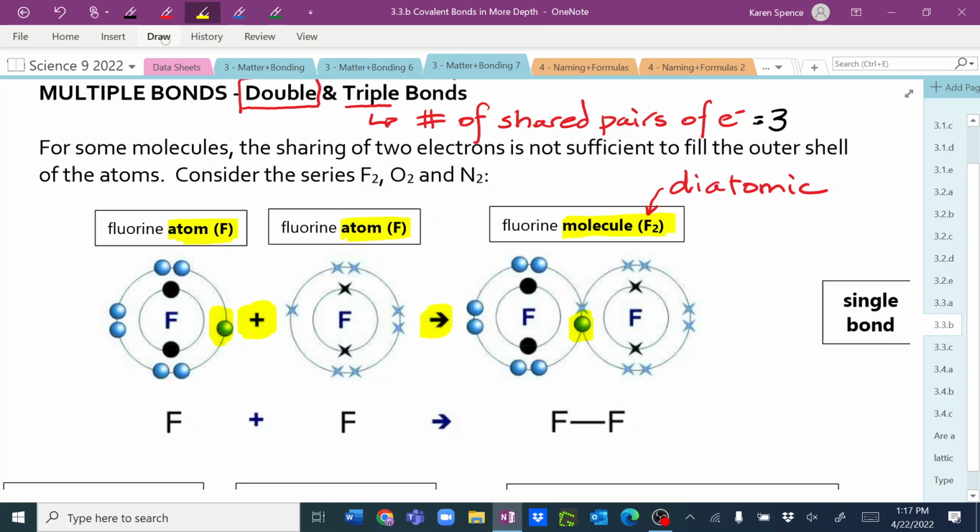So you can see there's one from each. It just allows you to know who the starting atom was that gave that electron. And of course, here we have that one line. That is our single bond. That is one pair of electrons.